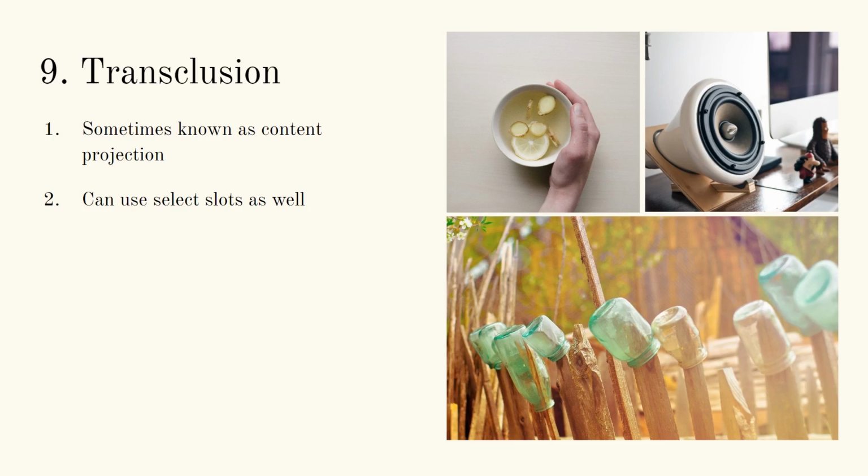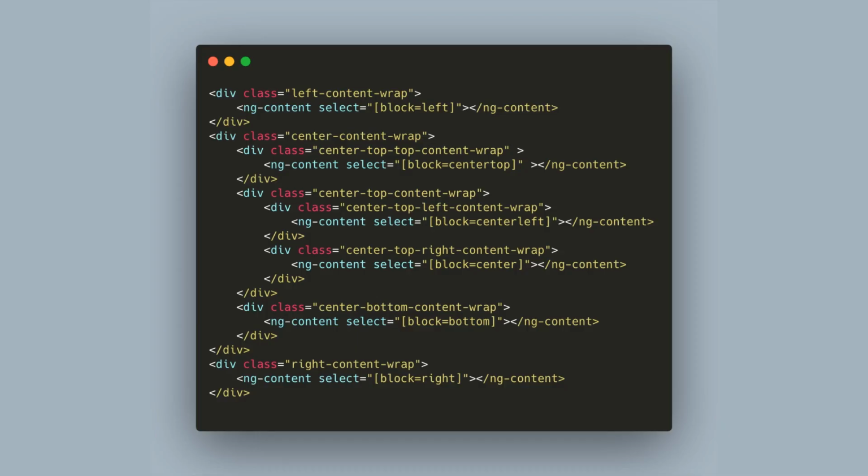Transclusion. Sometimes this is known as content projection. In Vue and other frameworks, I've heard of it called slots. Essentially, when you're building your components, you can do something like this. You have this ng-content right here, and this would be inside your component.